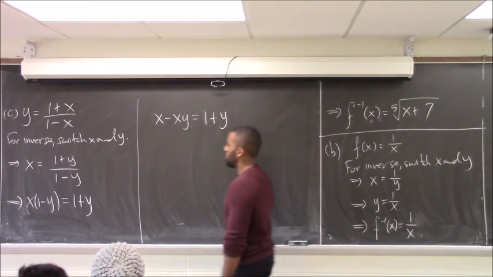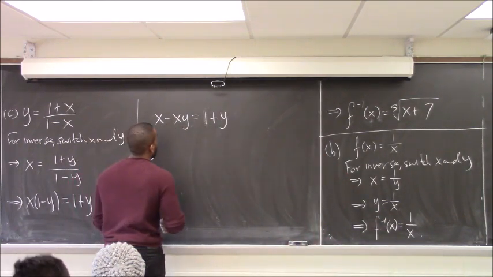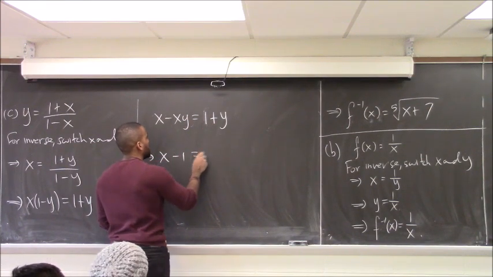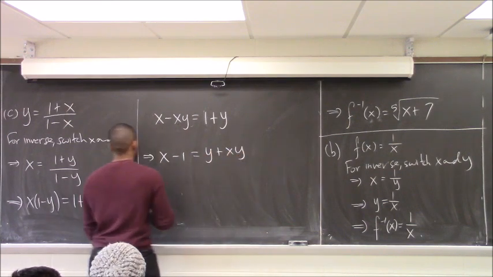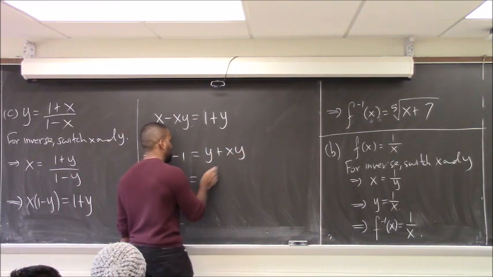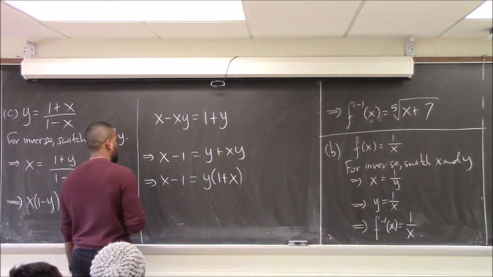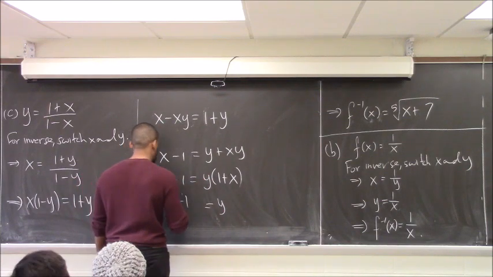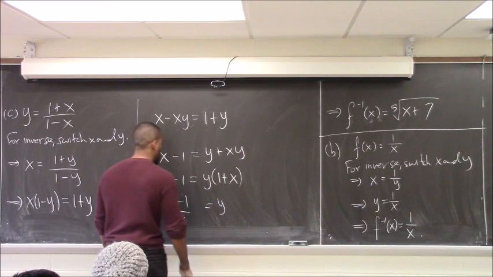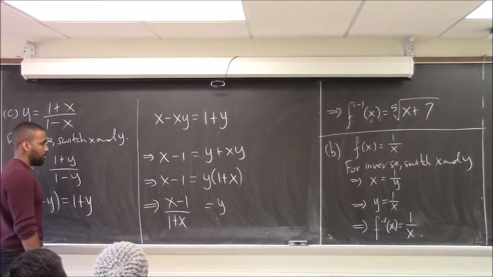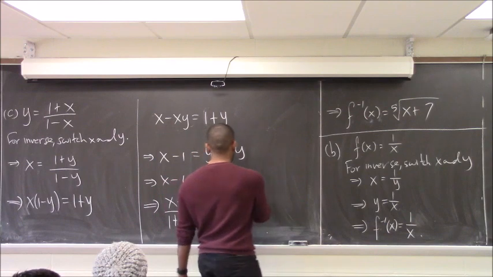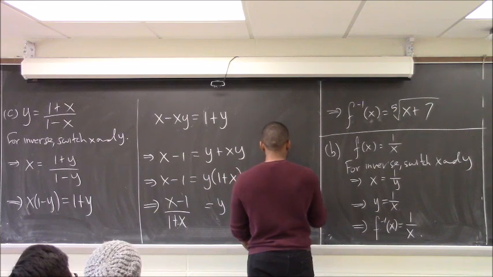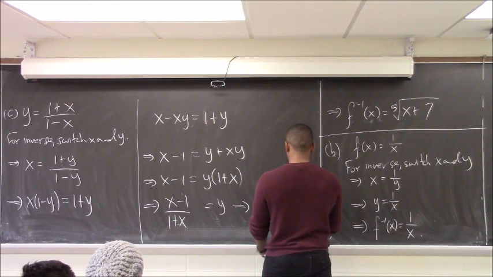Bring all the terms that have a y to one side and move everything else to the other side. So move the 1 over here, move the xy over there. Factor out y. Divide by x plus 1 on the other side. So this would mean your f inverse in this case is going to be x minus 1 over x plus 1.